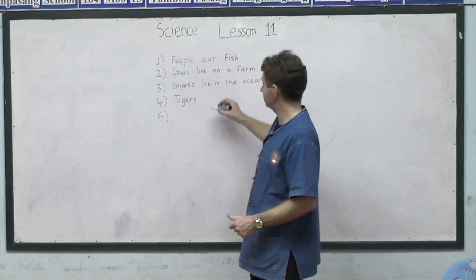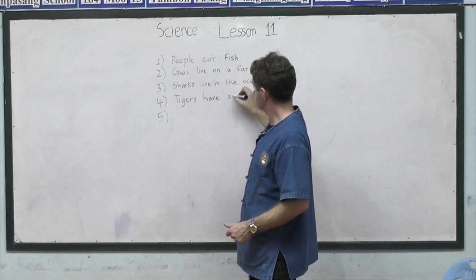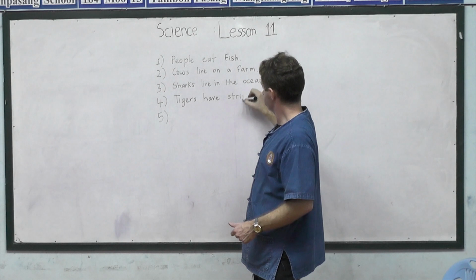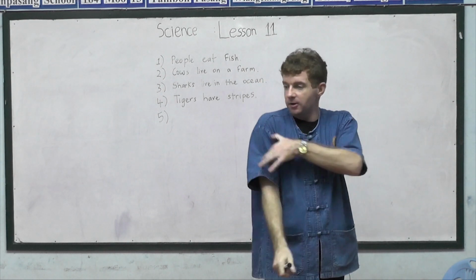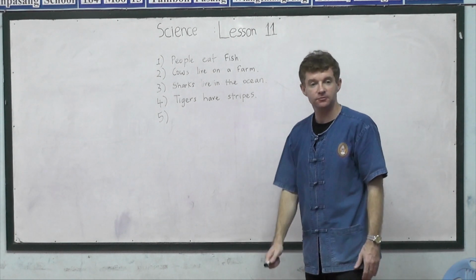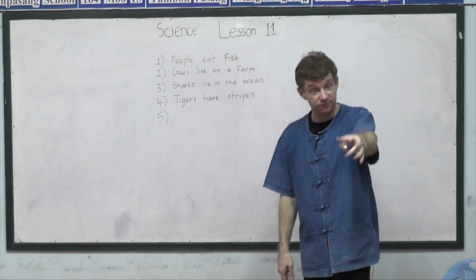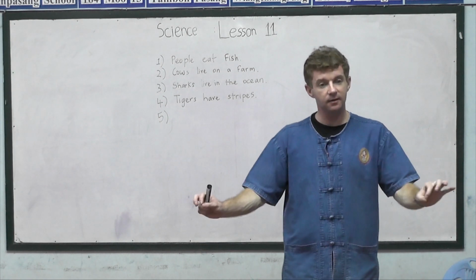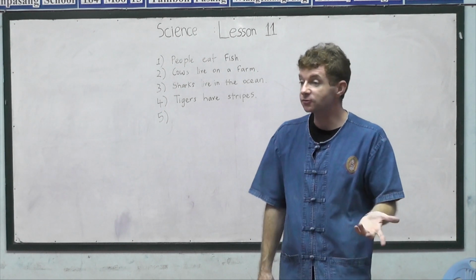They have... you know the lines on a tiger's fur, do you know what they're called? Stripes. Yes, like stars and stripes. You know, like the flag?